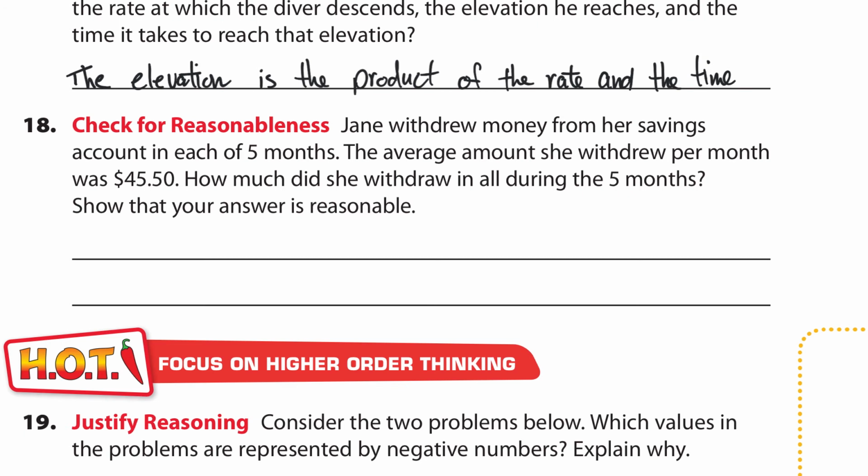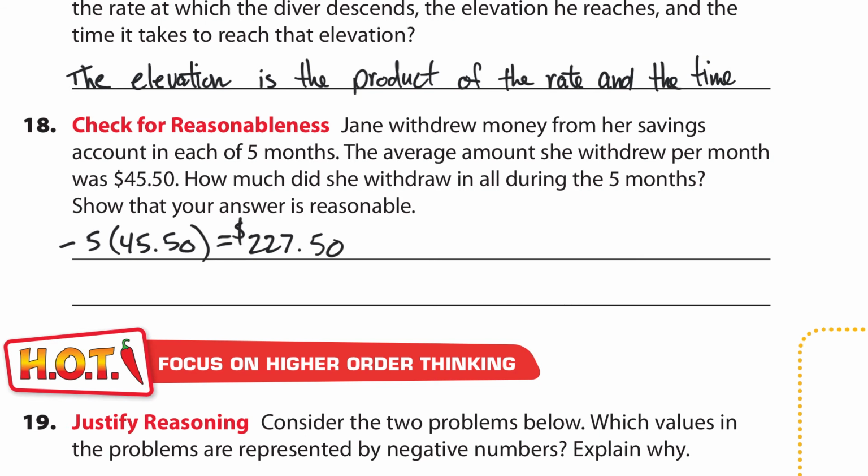She withdrew for 5 months, an average of $45.50 per month. And that product, 5 times 45.50, is $227.50.